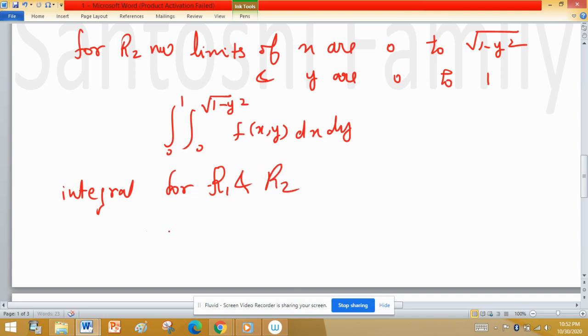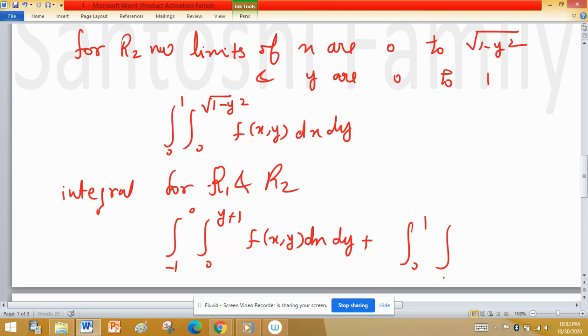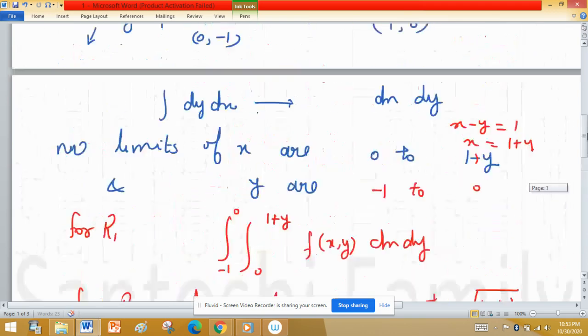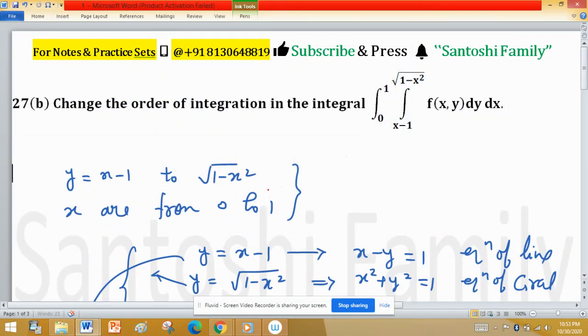This is equal to the integral from minus 1 to 0 and 0 to y plus 1 of f of x y dx dy, plus the integral from 0 to 1 and 0 to square root of 1 minus y square of f of x y dx dy. Now this is the correct way to change the order of integration.